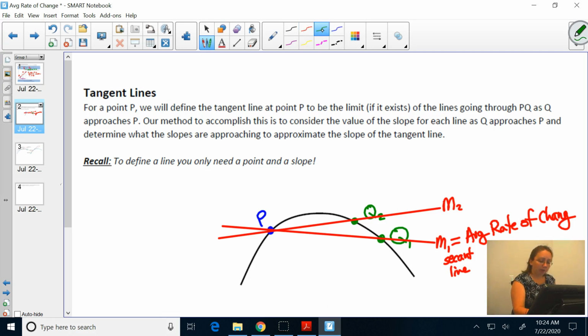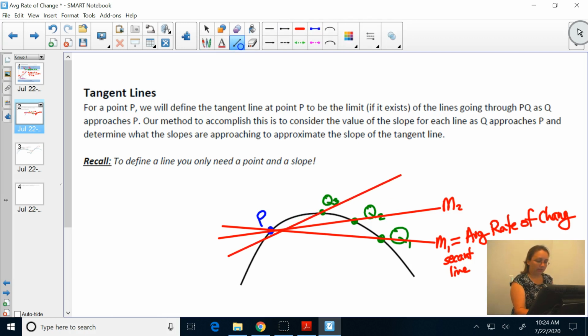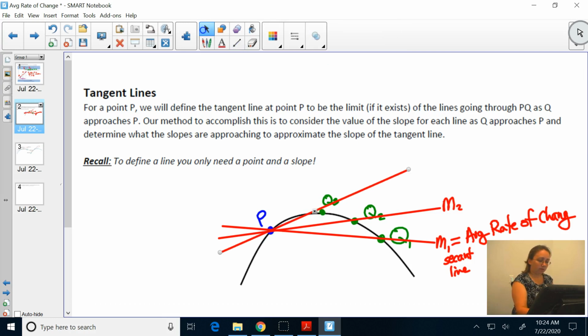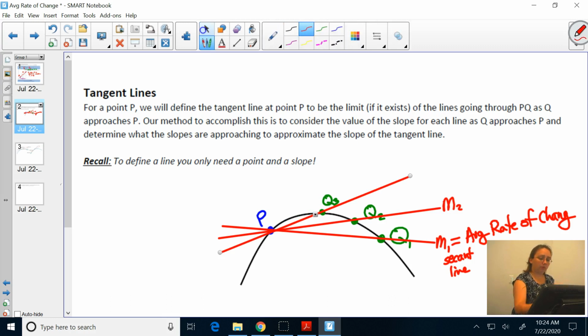We're going to continue this process. We're going to have Q3 right here. Q3 is going to have a new secant line. So this Q3 is going to have a slope M3 for the secant line.